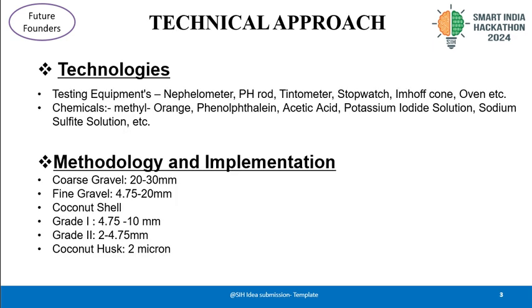Then the technical approach. Here are the various technologies that we are going to use. The first one is testing equipment. In the testing equipment, we are going to require a nephelometer for measuring the turbidity of water, a pH rod for knowing the pH, a tintometer for monitoring the color, a stopwatch to measure the filtration rate, and an Imhoff cone to measure the amount of settleable solids.